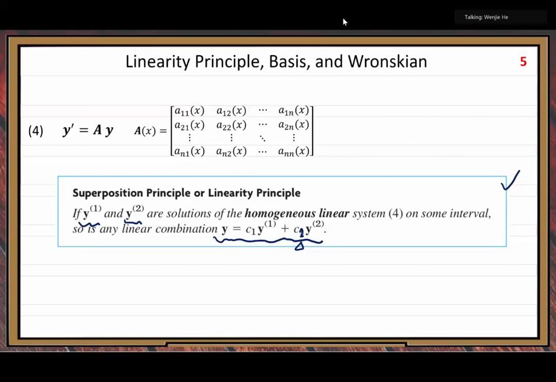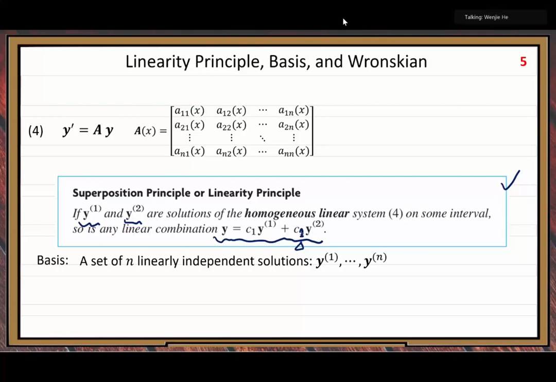So the linear principle, then the basis concept. Because we want to represent a general solution, we want to find the basis of this linear system. A set of n linearly independent solutions, y sup 1 through y sup n.